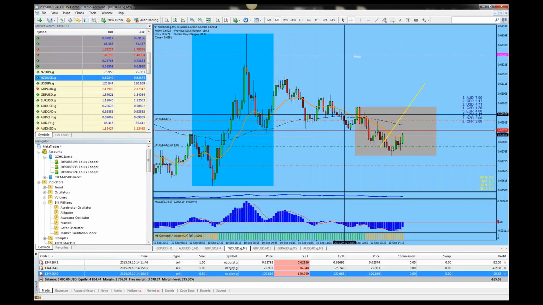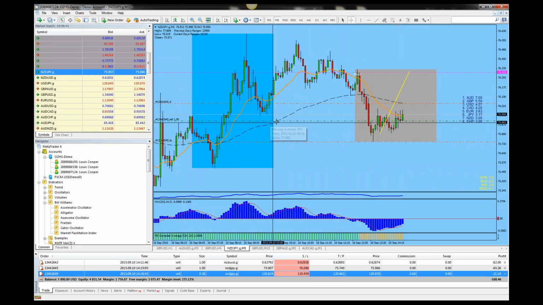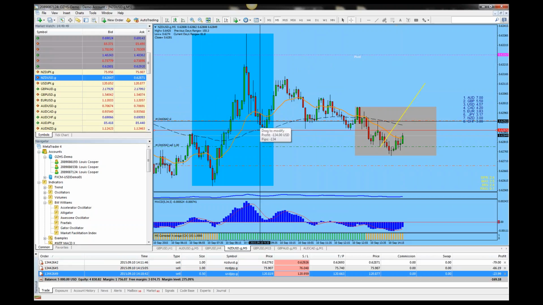New Zealand and yen are just sitting right on top of each other. That's why you're not getting much movement here. And oh no, this is New Zealand yen. Okay, and then New Zealand dollar. The dollar is stronger, so this should fall, but it just doesn't look like it.